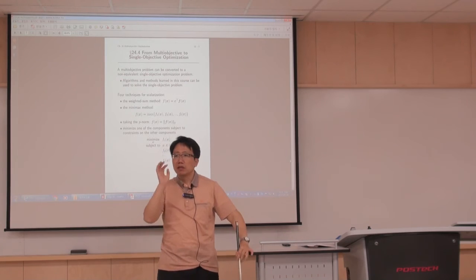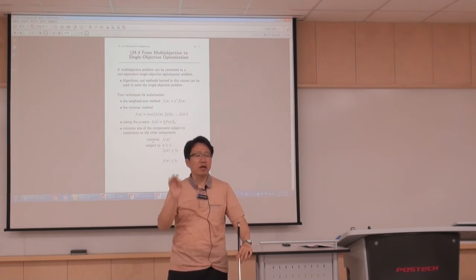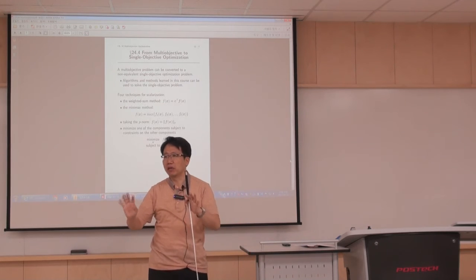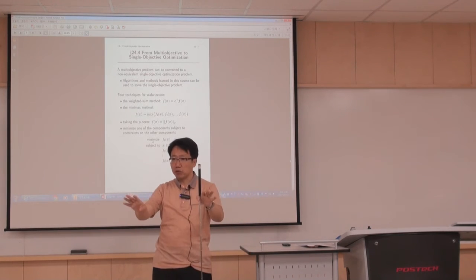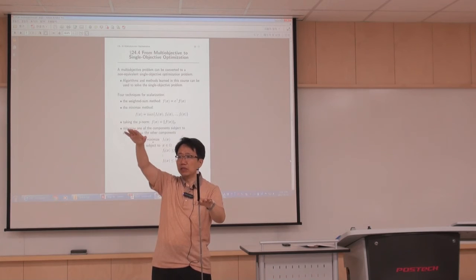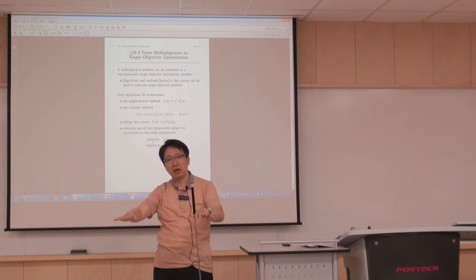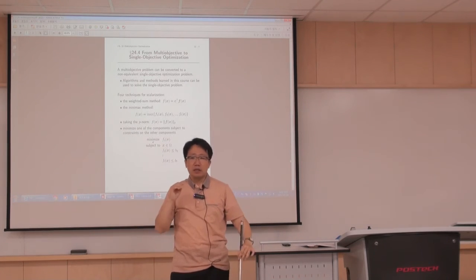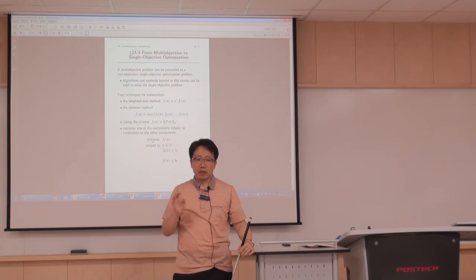You want to see type 1 error and type 2 error both very small. And you will learn what is type 1 and what is type 2. But anyway, there are two types of errors. The problem is that if you want to decrease type 1 error, usually type 2 error increases. So you have to have some trade-off.